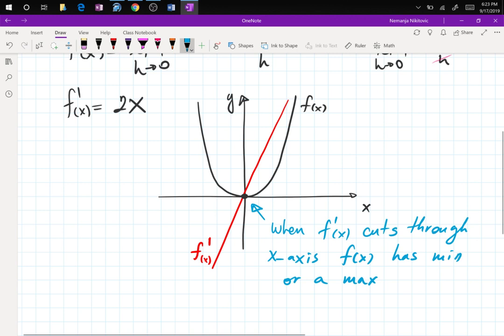Okay? So when f prime cuts through, you see that the red line cuts through this thing, and you have the minimum. All right?